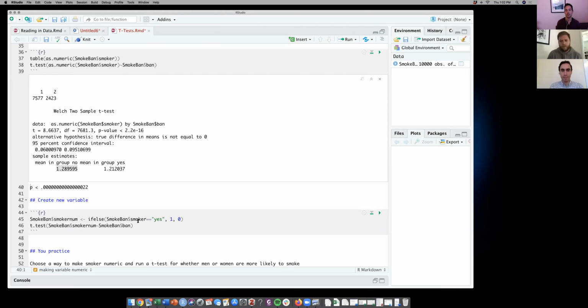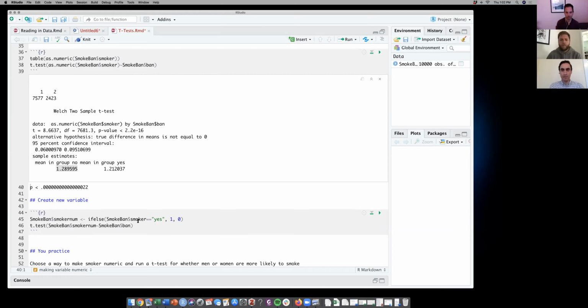The way that you are forming the inference that there's about 29% smoking in the first group where there is no smoking ban, and 21% in the group where there is a smoking ban, is that when we created the numerical variables, we made the no's all be 1, right?